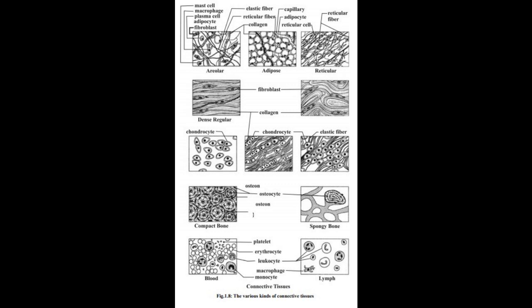3. Cartilage. Cartilage and bone are rigid connective tissues. Cartilage, however, though tough and hard, is softer than bone. Cartilage is flexible, avascular, without blood vessels, and without nerves.